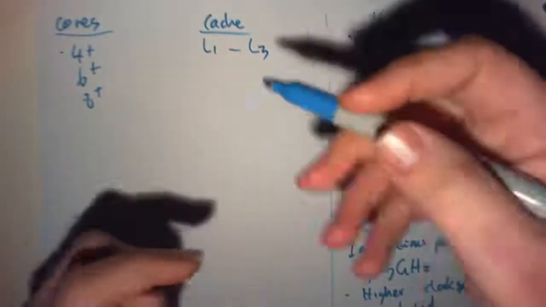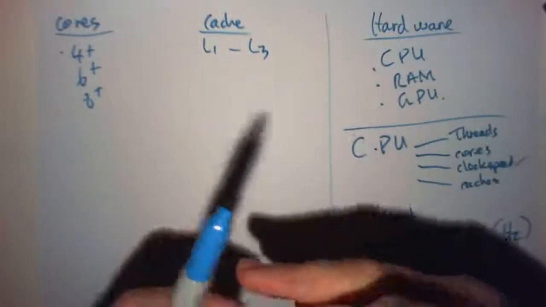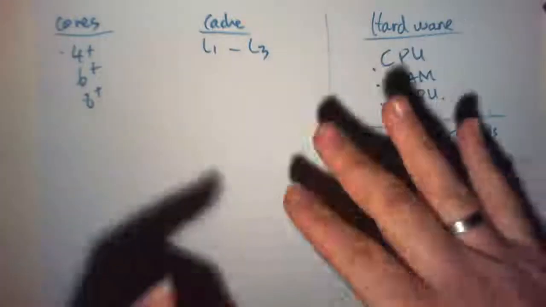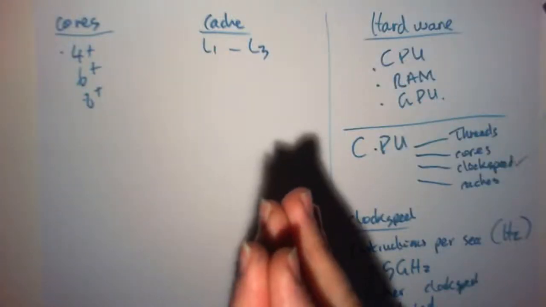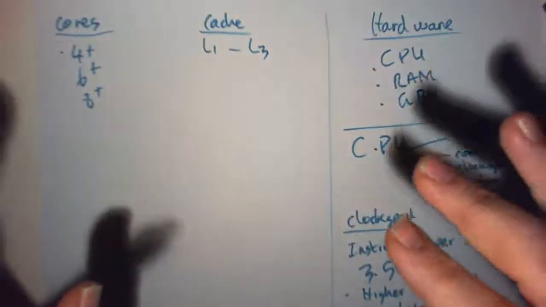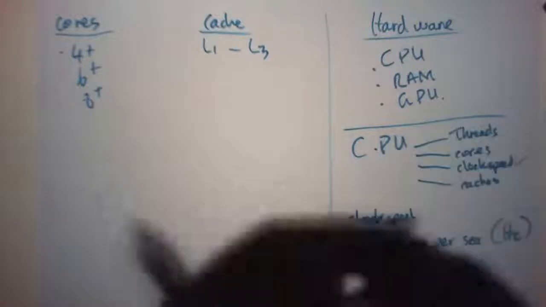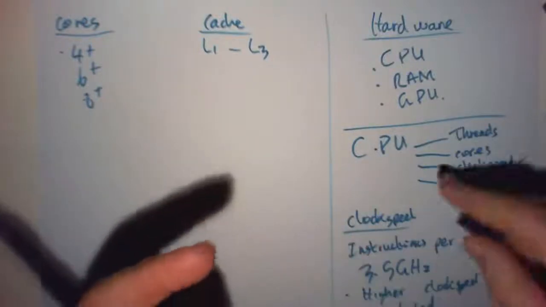And then threads. This is where there's fun going on at the moment, because your two main CPU providers, Intel and AMD, are in a battle, and AMD seem to be winning this battle in terms of the cores, but where AMD are losing the battle is in terms of the threads.